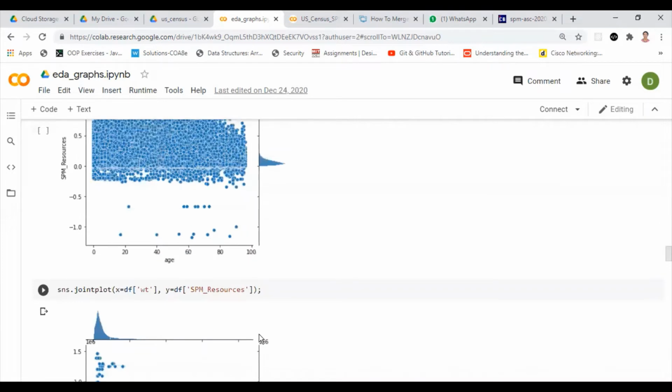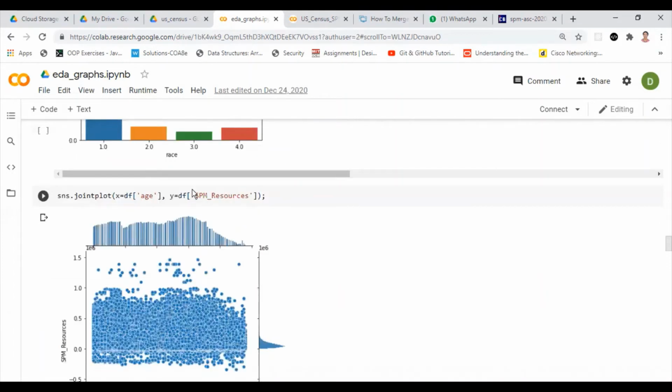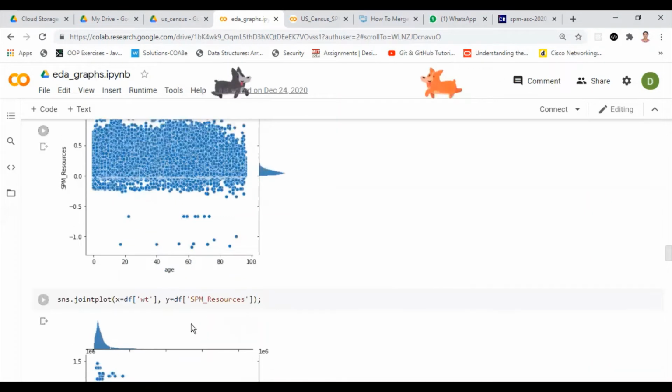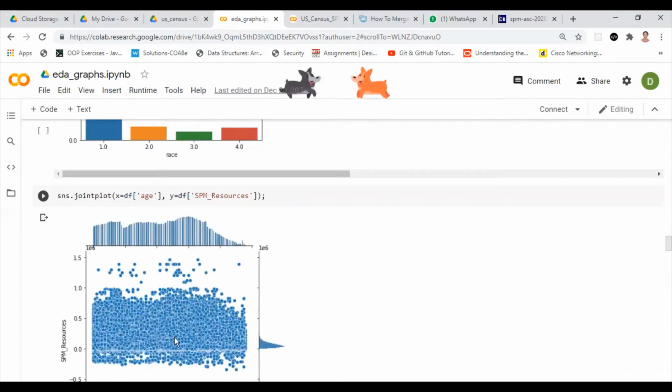Now coming to the distribution, here is the joint plot between Age and SPM resources. Here we can see that there's no simple correlation between the two parameters.